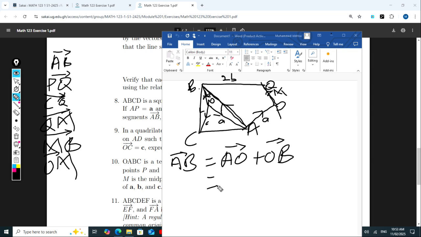AO is equal to negative OA, so that's negative a plus b. So this is for AB. So our AB is equal to negative a plus b.